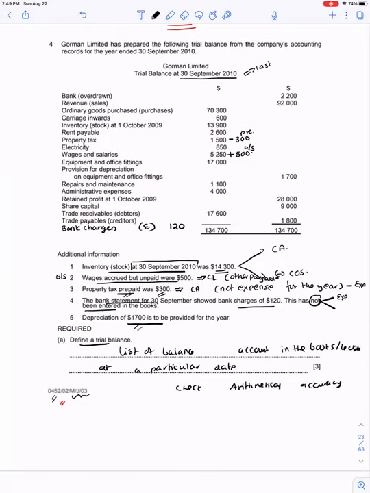Depreciation 1,700 is to be provided for the year. It is the current year's depreciation. One effect would come as an expense, and the second effect is you will add it in the second column of your balance sheet. You have non-current assets, cost, depreciation to date.